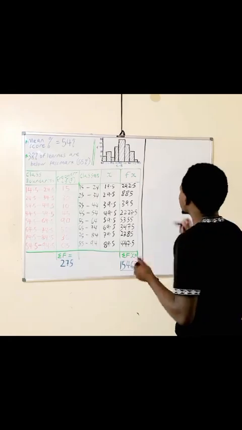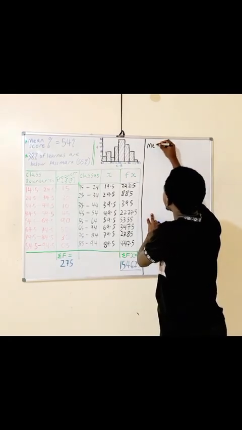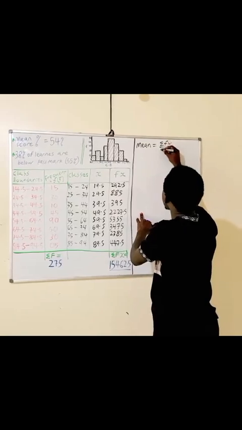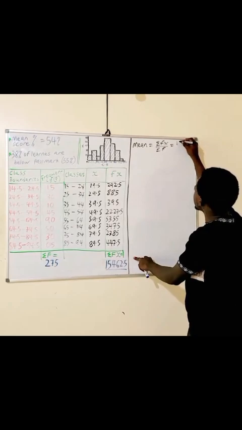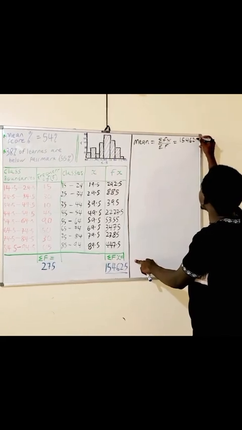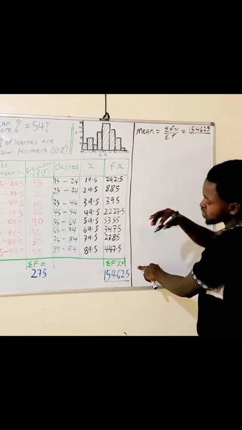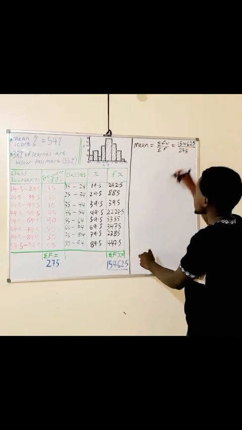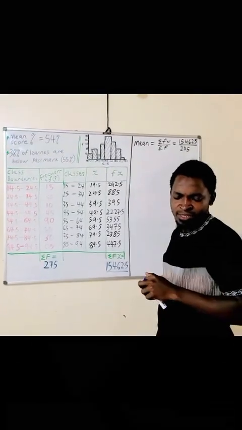The mean equals a summation fx over a summation f. A summation fx is 15,462.5 over 275.